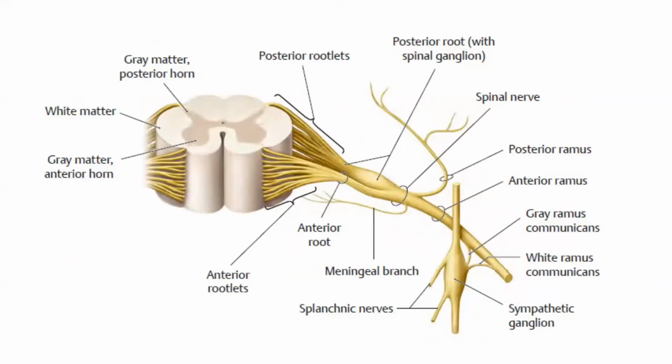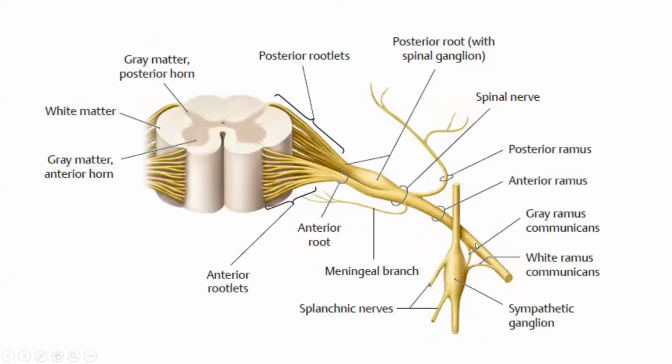As I mentioned, the spinal nerve, after its formation by the union of the ventral root and the dorsal root, emerges from the intervertebral foramen, and then immediately it usually gives 5 branches.